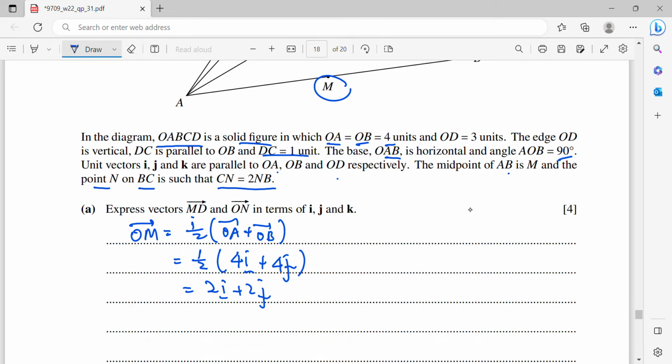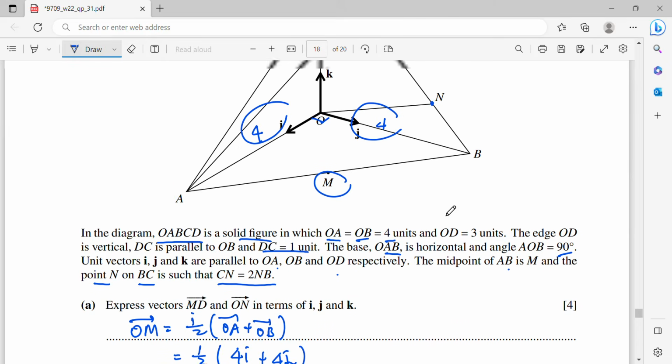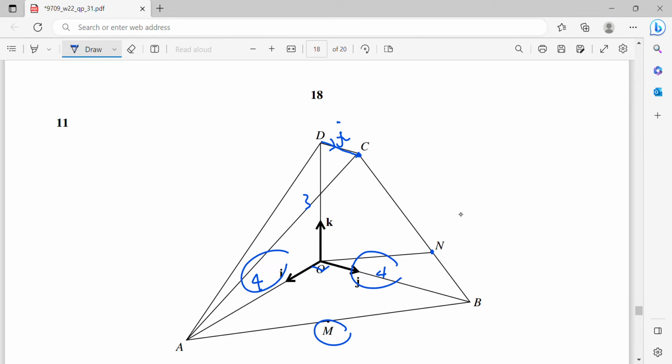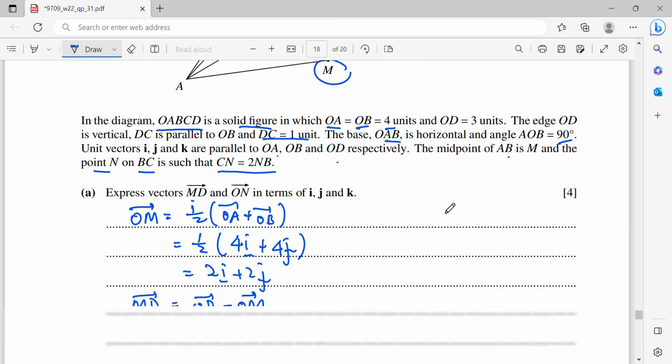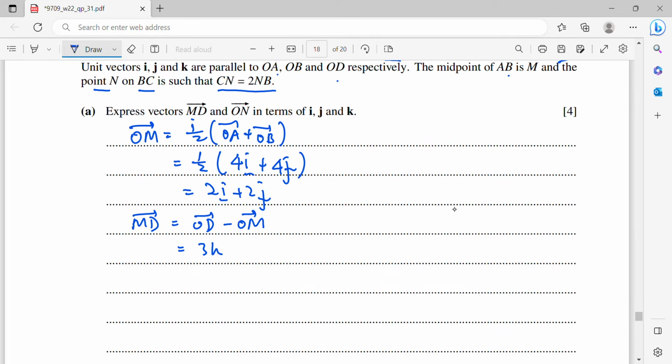Now, MD is OD minus OM. So your OD is 3K minus 2I plus 2J. So now we arrange it so that it will be negative 2I minus 2J plus 3K. Okay, so MD is done.